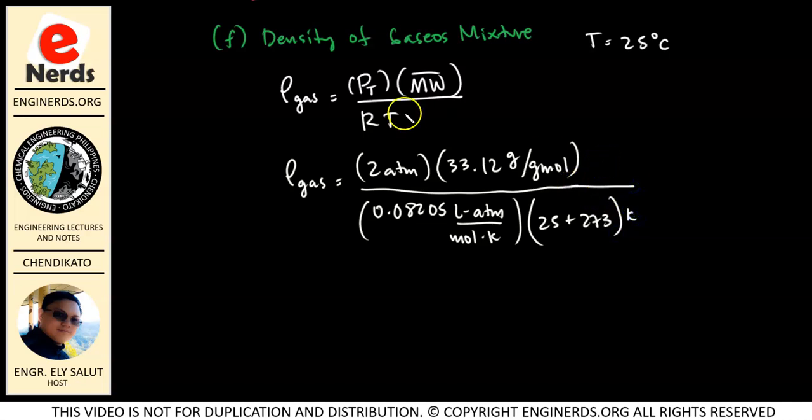Okay, so check natin yung ating mga units. Atmosphere will be cancelled out, mole will be cancelled out, temperature will be cancelled out. So, maiwan sa atin is grams per liter, no? So, let us try to solve that now in order to get the density of the gaseous mixture.